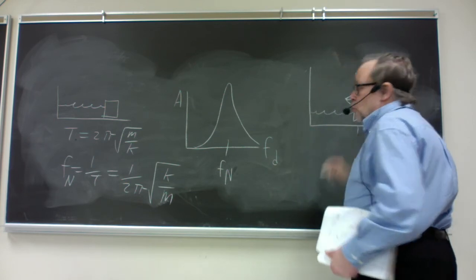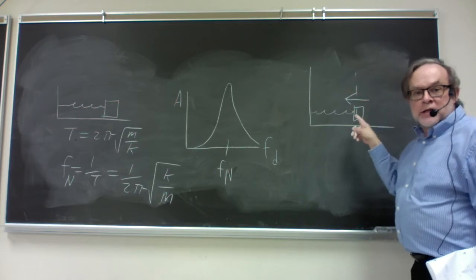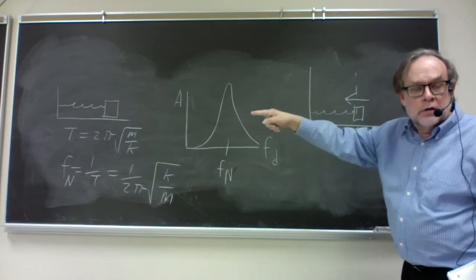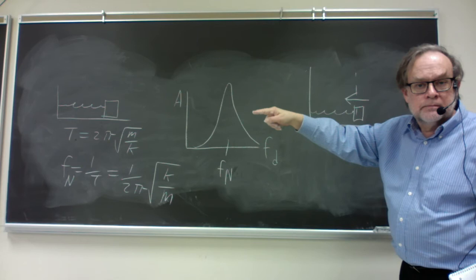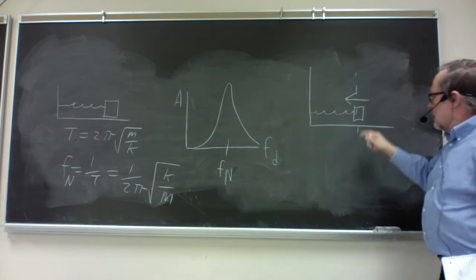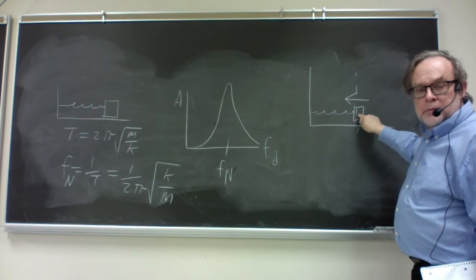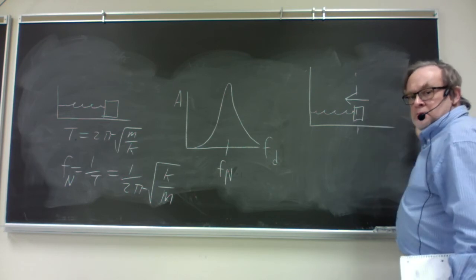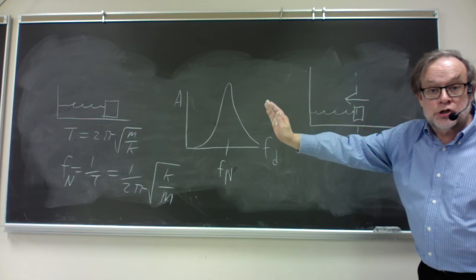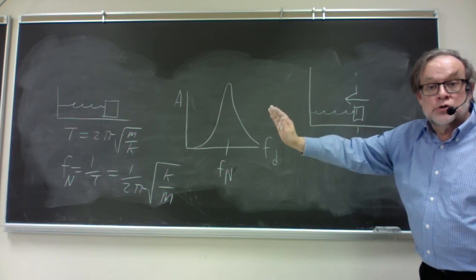And of course, once every cycle, it'll be passing through equilibrium and moving to the left. Let's say every time the mass is in this situation, I give it a leftward push. So I'm doing work on it.